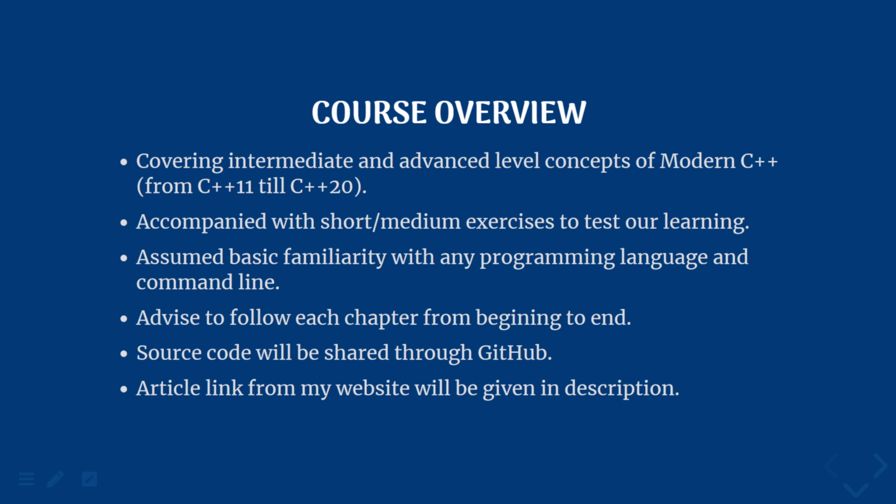Of course, one thing which I didn't mention here is system requirements. I would be using Windows Subsystem for Linux, and I would be using G++, but you can run all of your source code on Windows, Visual Studio or macOS, wherever you are comfortable. Because C++ is portable and platform agnostic, you can run the same program everywhere.